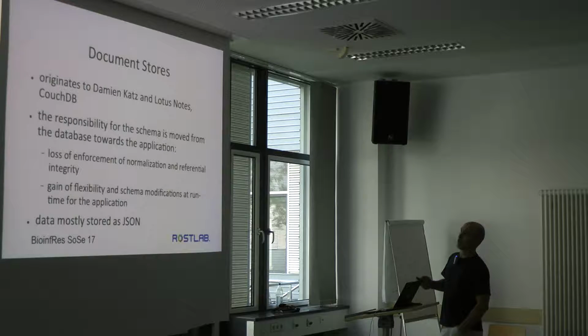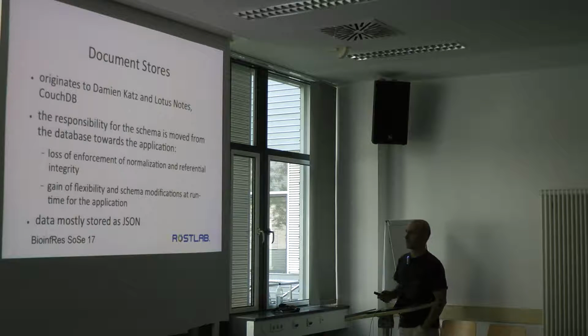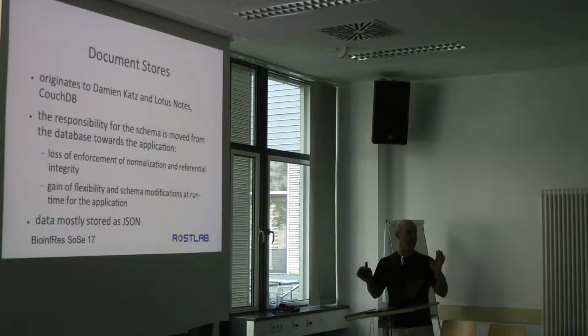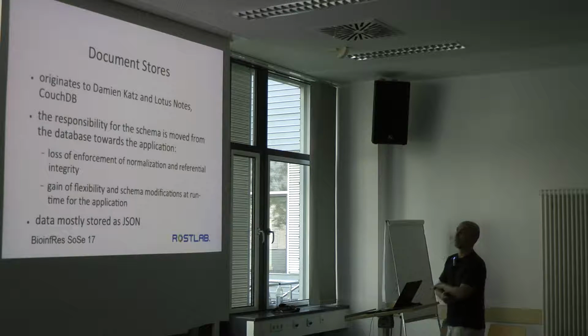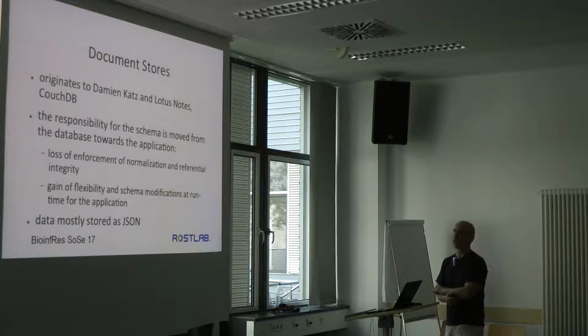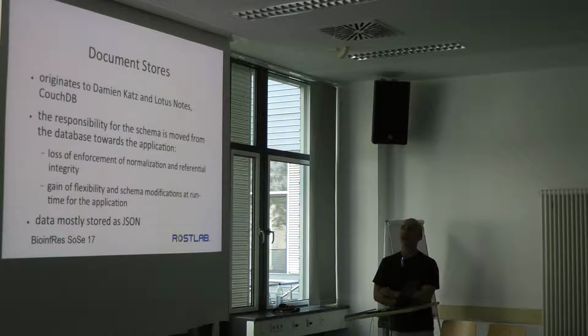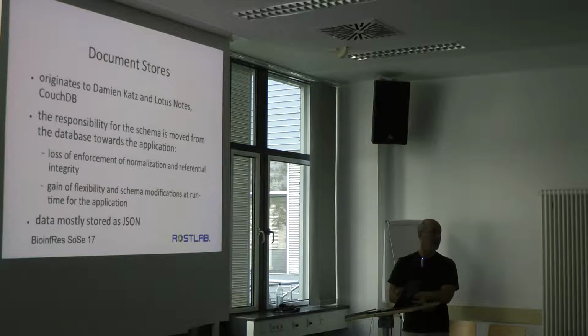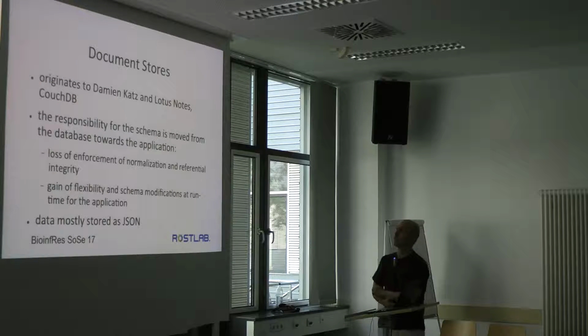So yeah, document stores is actually to store information in a document-like fashion. That means you have field identifiers and values. The advantage is you don't have a strict schema.